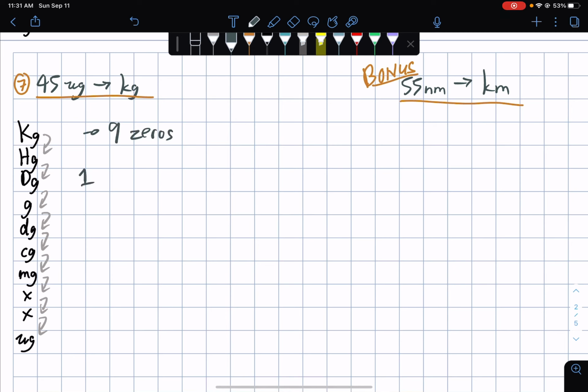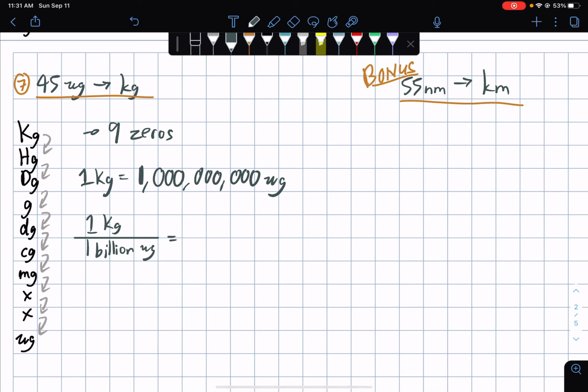So the higher unit is the kilogram. So 1 kilogram is equal to how many micrograms? We place 1 here and we count the zeros following it. So 1, 2, 3, 4, 5, 6, 7, 8, 9 zeros. 1 billion micrograms, in other words. So 1 kg is equal to 1 billion UG, which is equal to 1 billion UG over 1 kg.